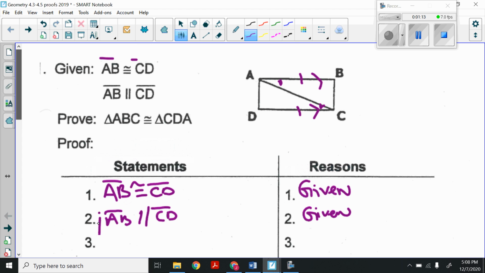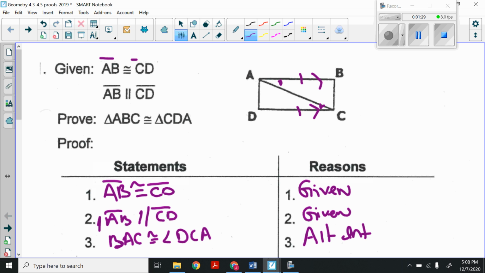So I'm going to say angle BAC is congruent to angle BCA. My reason, the alternate interior angle theorem. So we're still using those theorems that we had.